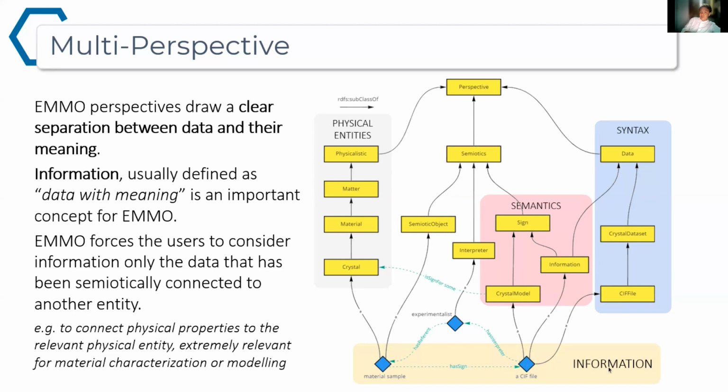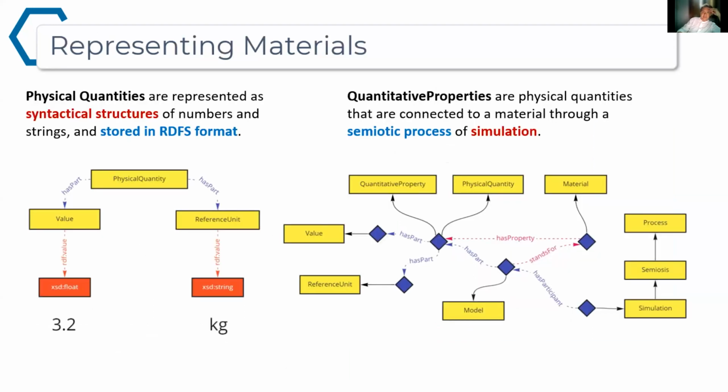So reaching the definition of information: information is data with meaning. So data, a syntactical structure with meaning, so that for someone is assigned to this particular sample. So this is how we semantically enrich the data.